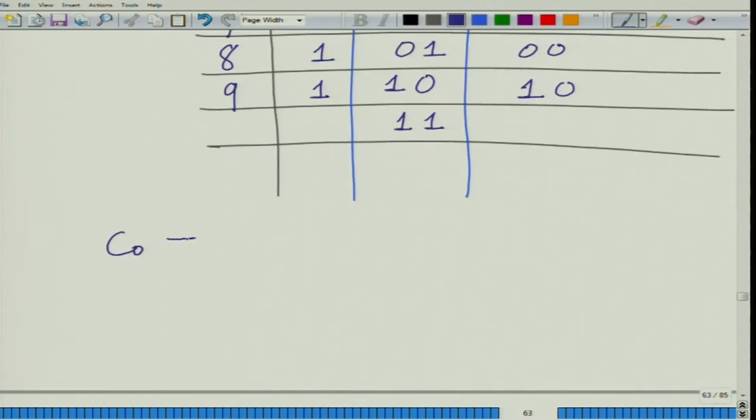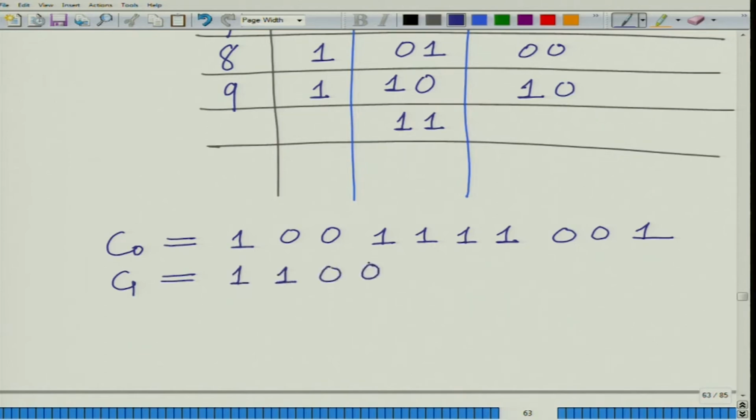C0 equals 1 0 0 1 1 1 1 followed by 0 0 1, and C1 equals 1 1 0 0 0 1 1 1 0 0, and you should be able to check, correct.